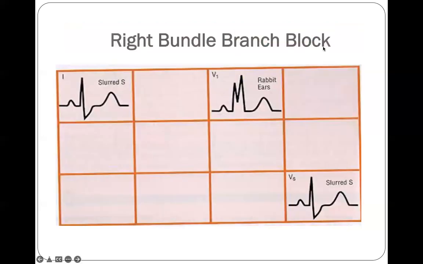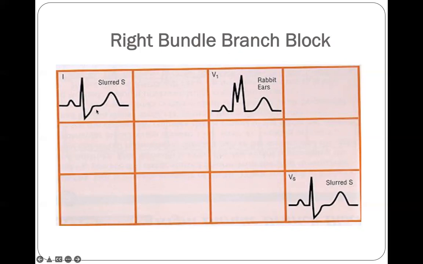The right bundle branch block. In order to define whether the bundle branch block is a right bundle or left bundle, you should look at 2 leads, V1 and lead 1. When you find an M-shaped QRS complex with RSR prime pattern in V1, it is the right bundle.